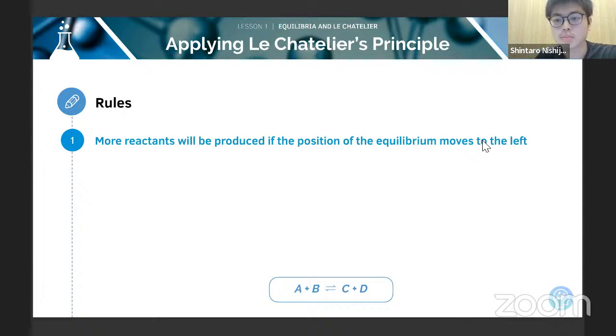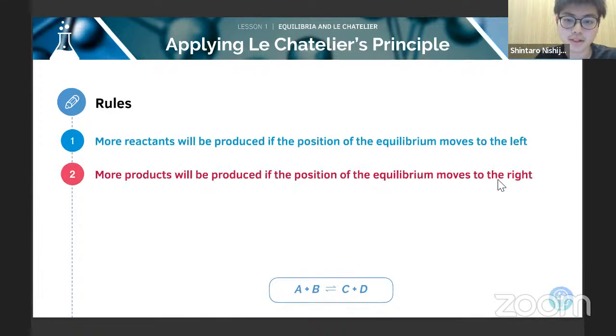So when we say the equilibrium moves to the left, it means it will shift so that you're making more reactants and less of the products. Vice versa, when we say the equilibrium moves to the right, it means that we are producing more products and less of the reactants.